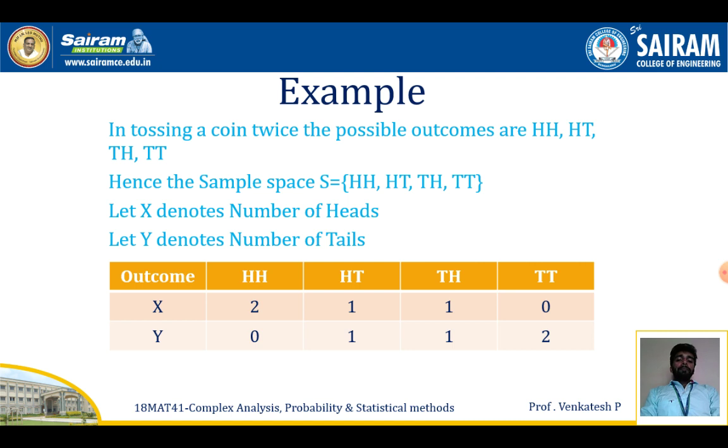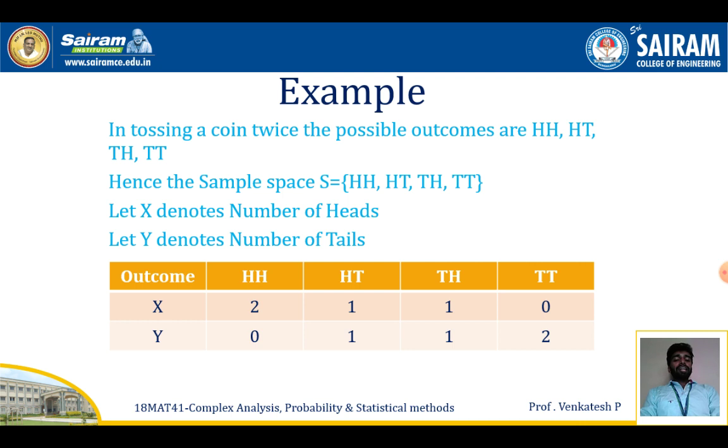Okay. Now I'm going to assign real numbers to the random variables X and Y. I'm going to represent these random variables in the form of a table. In the row I took the random variables X and Y. In the columns I took the outcomes like head head, head tail, tail head, tail tail. Since I defined X as the number of heads, I can give head head the value 2 because it contains two heads.